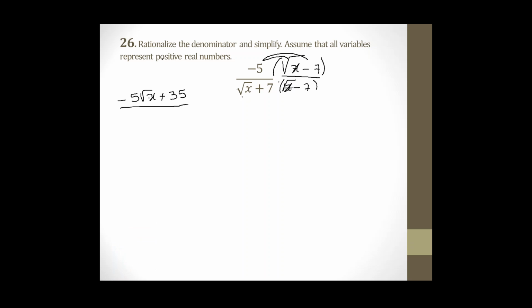Remember what we said before? If you do this long enough, you're going to notice that the middle term cancels, which means instead of FOIL, it's FL. Say it with me, FL.